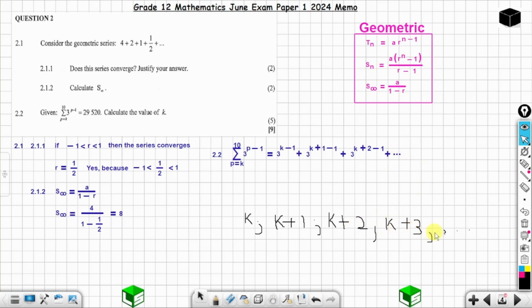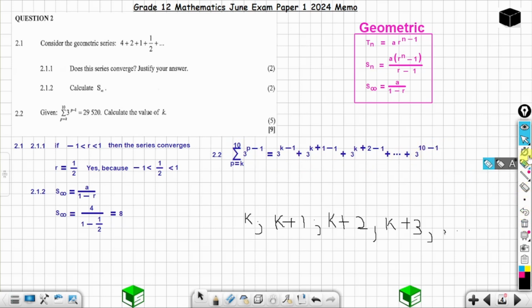Let's get our last term. To get the last term, you plug in what you have above the sigma symbol, so 3 to the power of 10 minus 1.